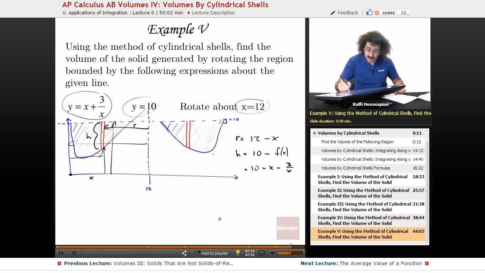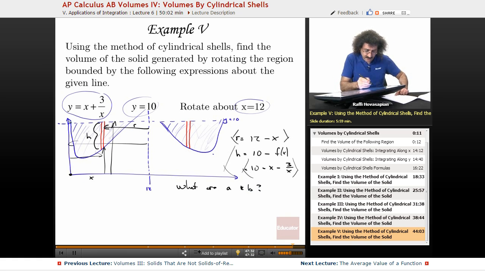Okay, now we need the a and b. So we have our r, we have our h, which is this thing. Now the question is, what are a and b?